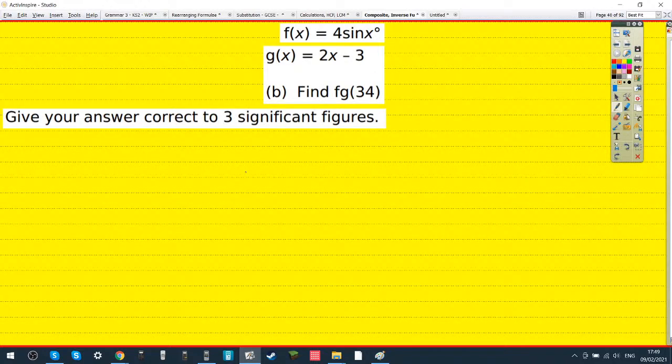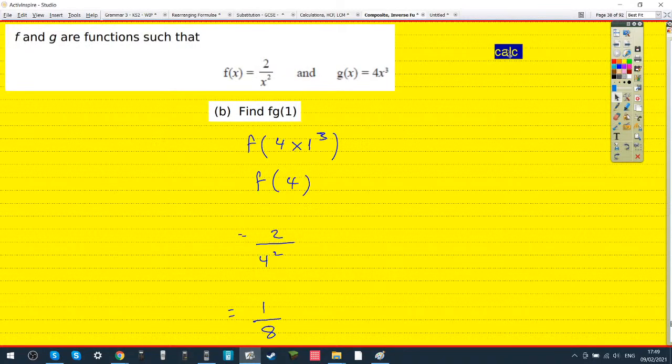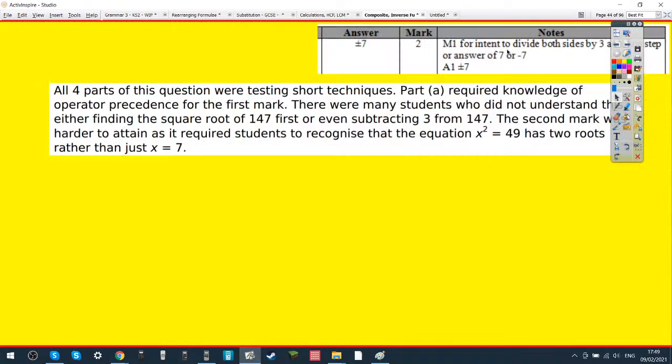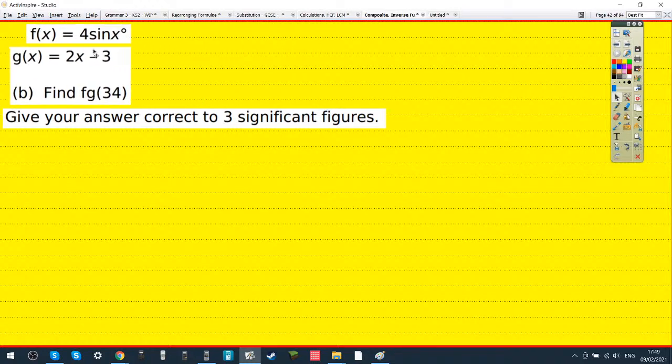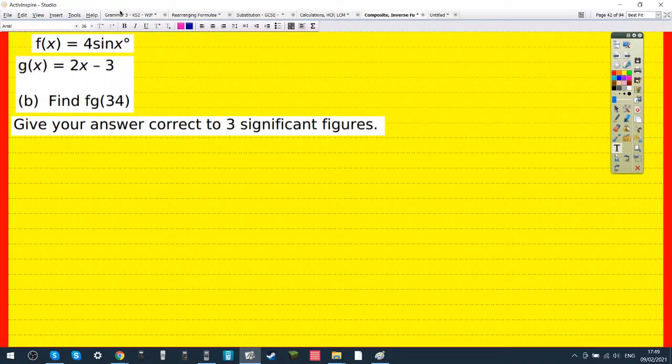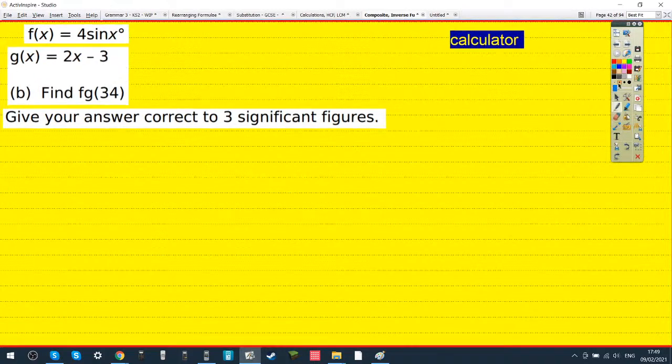Let's see this one. It's got sine this time. Alright, calculator. 4 sin x, and g is 2x minus 3.